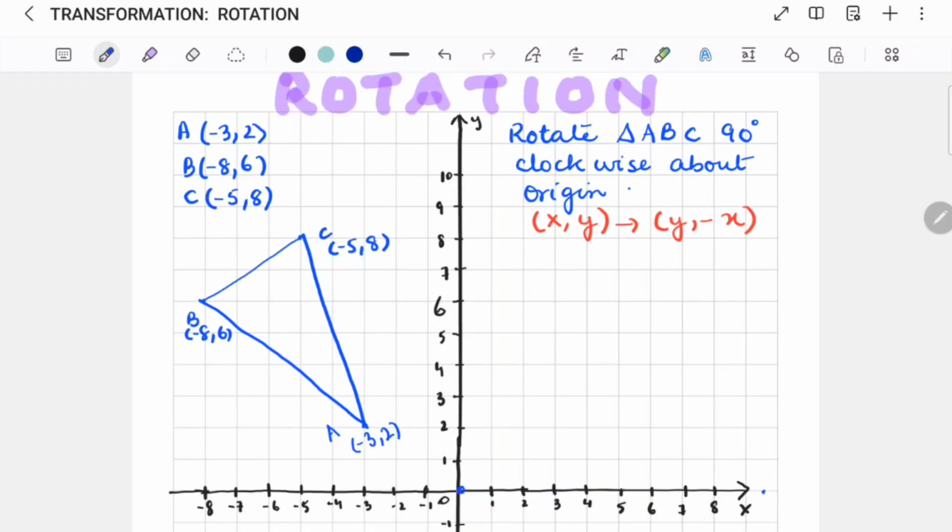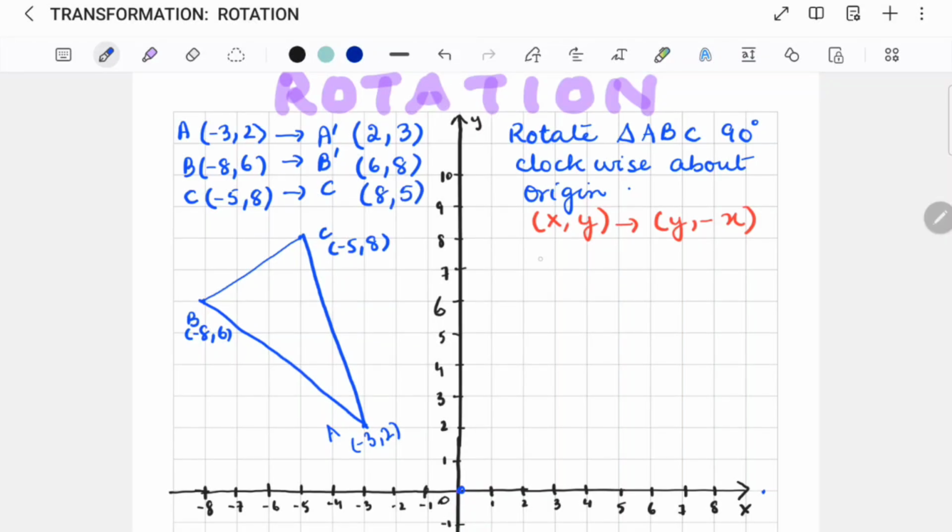Now we are going to rotate it 90 degrees clockwise about the origin. So (x, y) will become (y, -x). You just swap and change the sign of the y coordinate. Your images will be: A becomes (2, 3), B becomes (6, 8), and C becomes (8, 5).